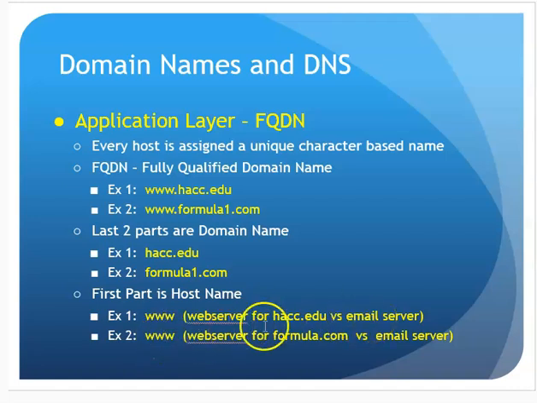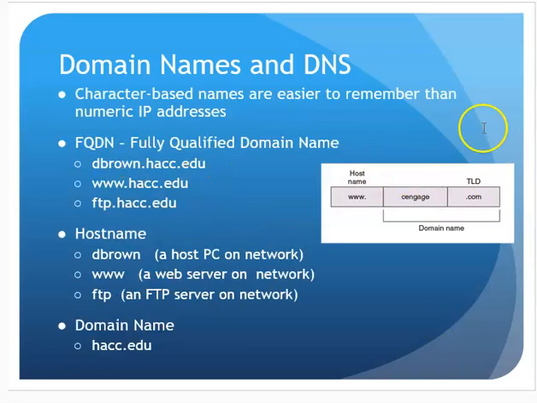And again, www would be the web server for formula1.com versus the email server at the formula1.com domain. The book uses this picture here and shows just that same idea, breaking it out for you. Fully qualified domain name: the host name is the first piece, and the domain name would be the last piece, hack.edu.